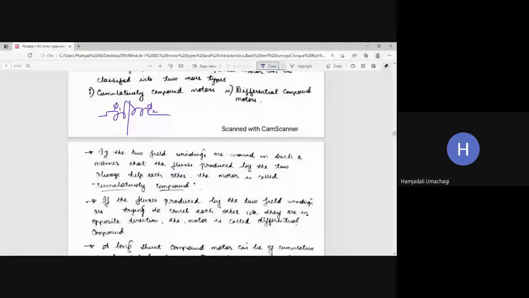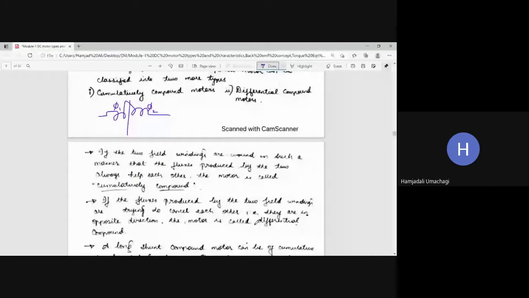If the two field windings are wound in such a manner that the fluxes produced by the two help each other, then the motor is called cumulative. Helping means both fluxes will get added. Then it is called a cumulatively compound motor. Or else if they are opposing, means they are getting subtracted. If the fluxes produced by the two field windings are trying to cancel each other, they are in opposite direction, then the motor is called a differential compound motor.